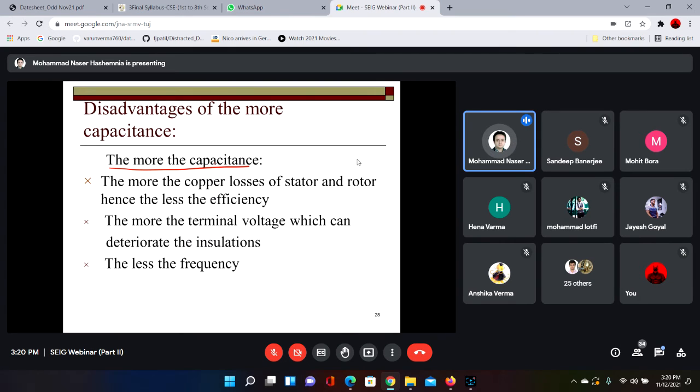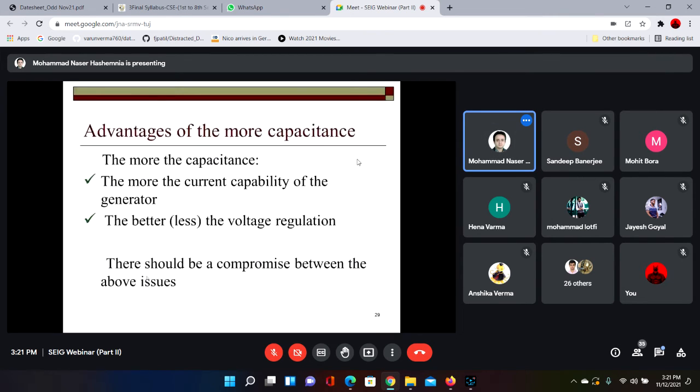And the more the capacitance, the less the frequency. Of course, you should check this, and also the currents, by simulations. But these are the final derivations. The final conclusion is that if you increase the capacitance, then you have increased the currents and also the terminal voltage, and also you have decreased the frequency.